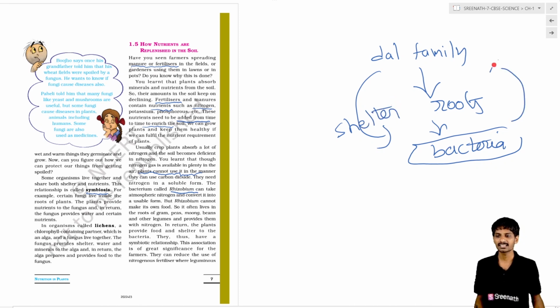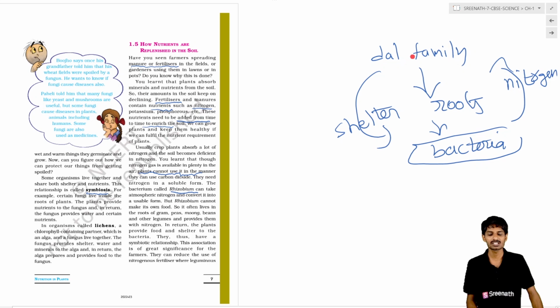In turn, this bacteria provides nitrogen to the plant. In this way, they help one another. The plant helps by giving shelter, and the bacteria help by giving nitrogen. This coordination, this teamwork, this helping together is called symbiosis.